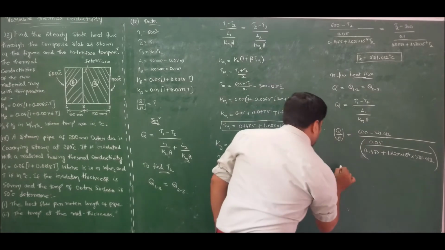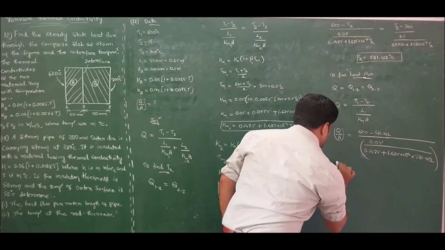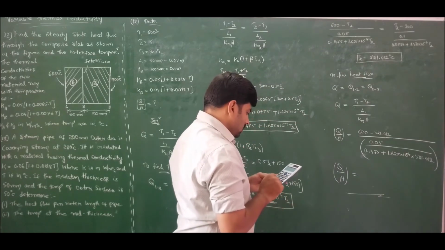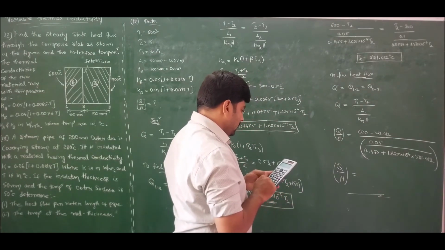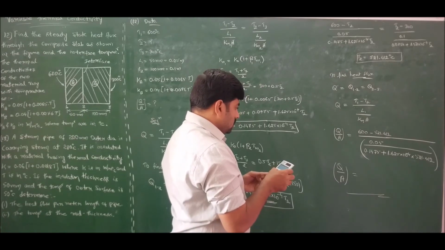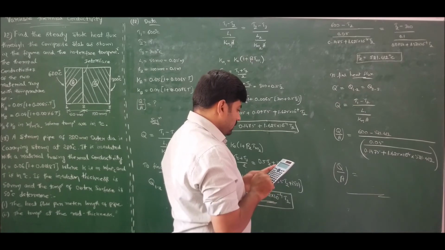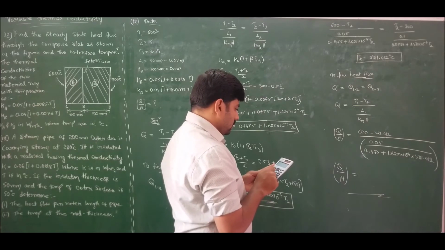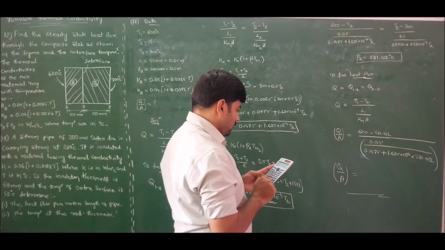Now if I solve, I will get heat flux Q by A, which is (600 minus 521.412) times (0.1475 plus 1.625 into 10 to the power of minus 4 into 521.412), divided by 0.05.